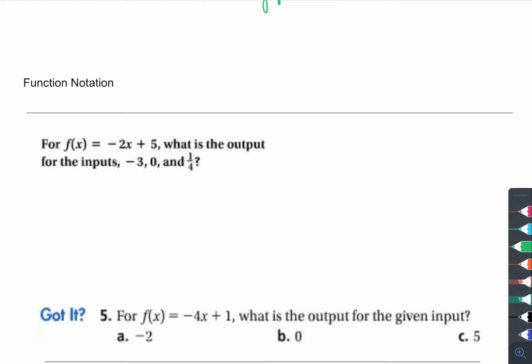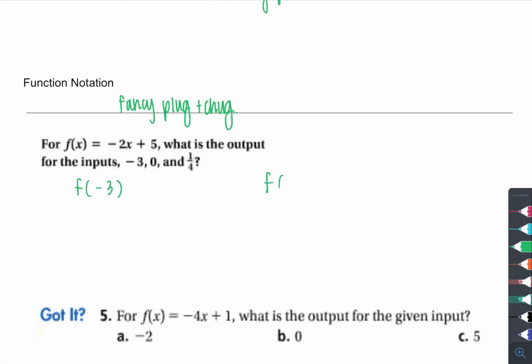Okay, so function notation is just basically a fancy plug and chug. So basically it's saying plug these values in to this equation right here. So we're going to do f of -3, f of 0, and f of 1/4.